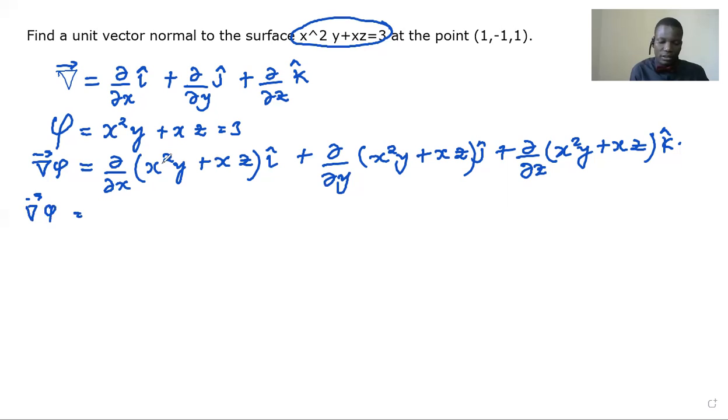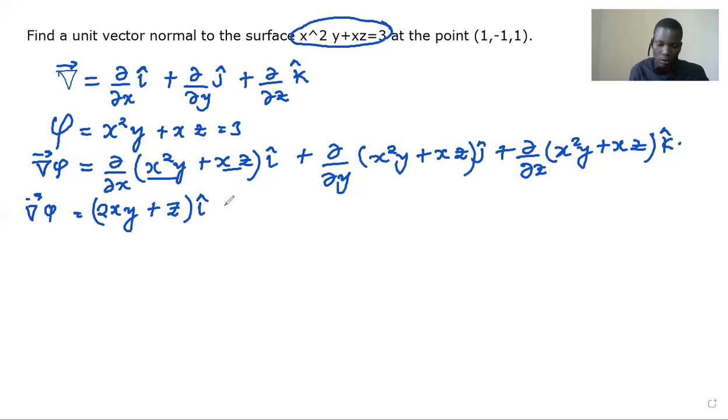If we differentiate with respect to x, in the first part we get 2xy, and then we have x also in the second part, which, once we differentiate x, gives us z. We don't forget the unit direction.